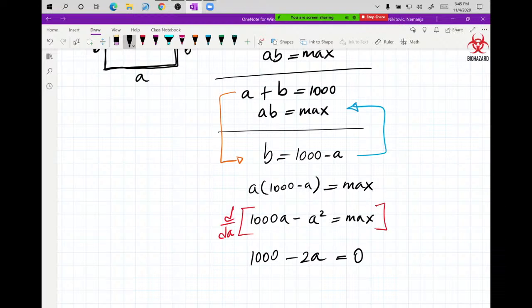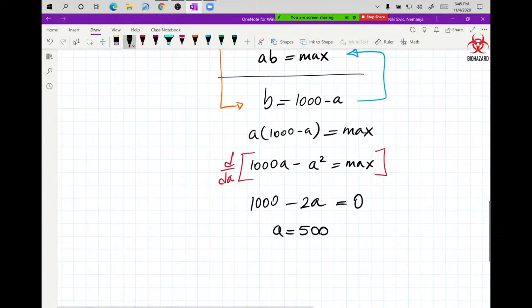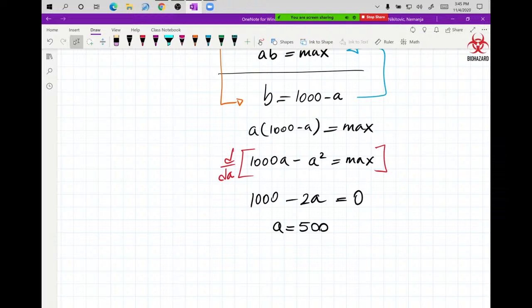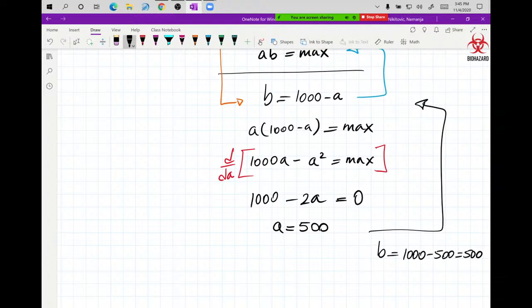Anyway, so when you solve this equation, we have a equals 500. So now we have a, go back into the equation where it gives you b. So b equals 1000 minus 500, and we get another 500.